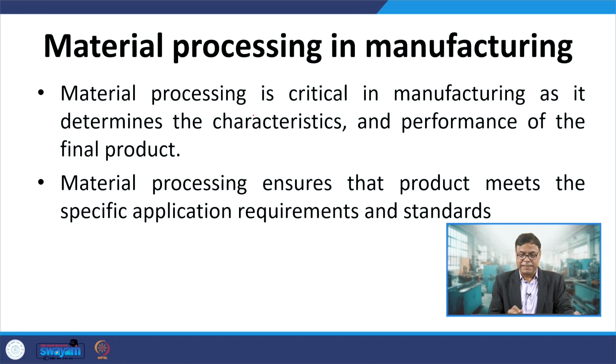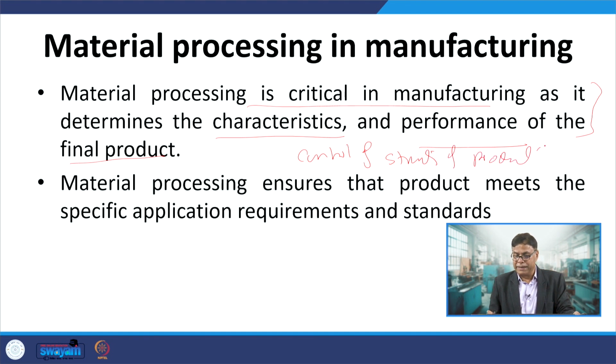Material processing is critical in manufacturing, as it determines the characteristics and performance of the product, and this is based on the control of the desired structure of the product which is being made. So, this control over the structure of the product helps in realizing the desired characteristics and performance of the final product.